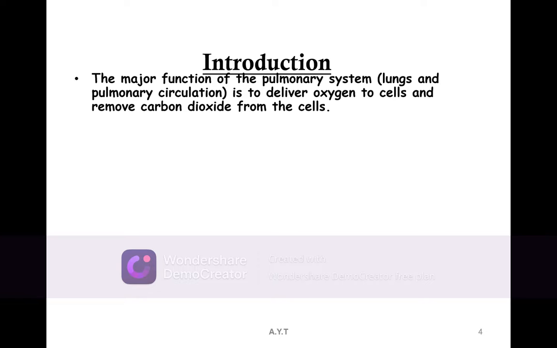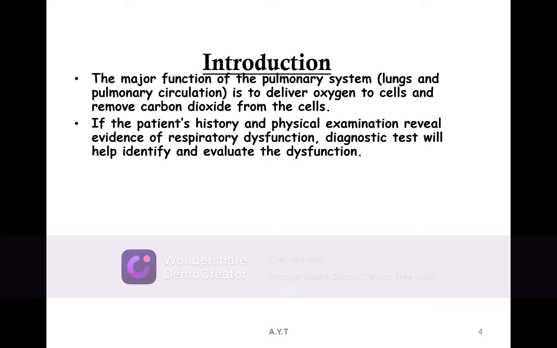Oxygen is gained by the lungs, and carbon dioxide goes out of the lungs. In this way, the gas exchange of oxygen and carbon dioxide occurs at the pulmonary alveolar septa.